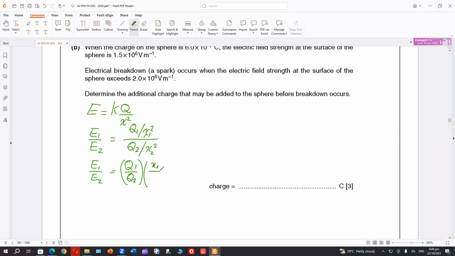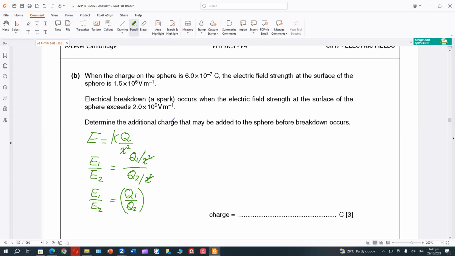Now I can cancel out x because the two are equal, because the object is at the surface of the sphere. So this is the formula now.